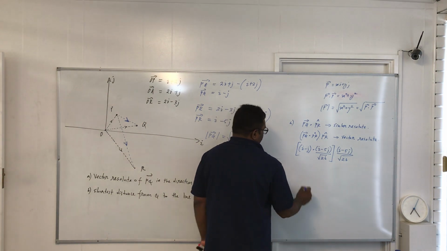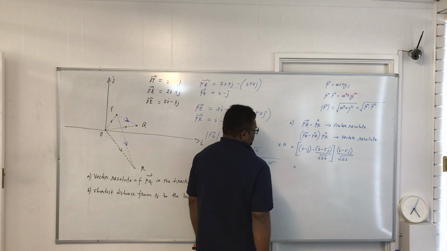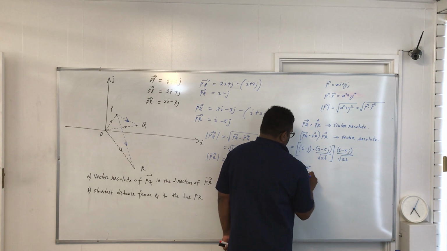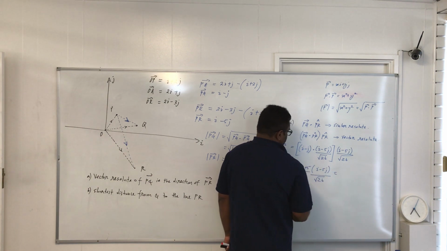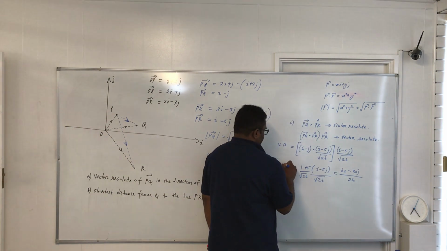So this is the vector resolute. I goes with i, it's 1. This goes with that, it's going to be 5. So it's going to be 6 times i minus 5j over the square root of 26. This is equal to 6i minus 30j divided by 26. That is the vector resolute.